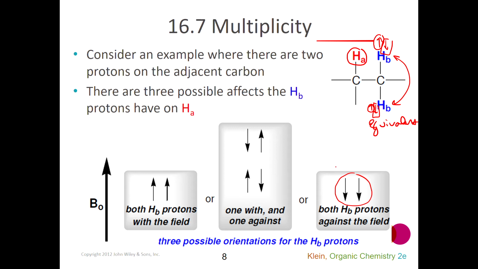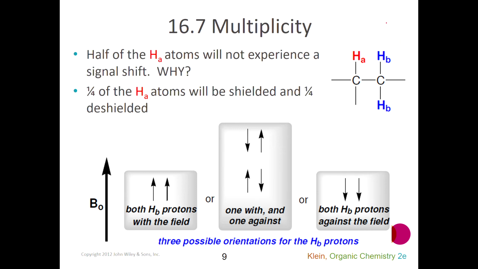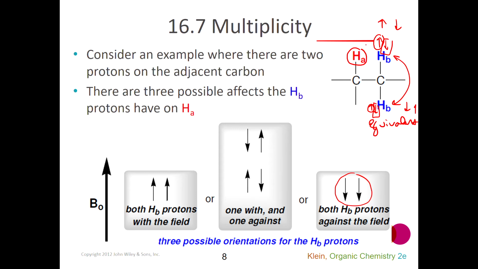Compared to those two, which would occur in equal quantities, there's also a scenario where hydrogen B is aligned with and the other hydrogen B is aligned against, or maybe this one's aligned against and this one's aligned with. So there are two possible scenarios where one hydrogen increases the energy for hydrogen A and the other hydrogen at the same time decreases it. So that would be a cancellation.